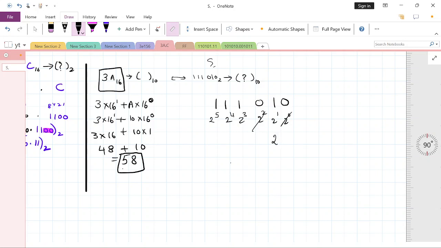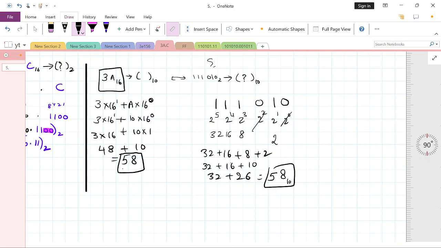So this becomes 2, and this becomes 8, 16, and 32. Just add them, 32 plus 16 plus 8 plus 2. And the answer you get is 58 in decimal.